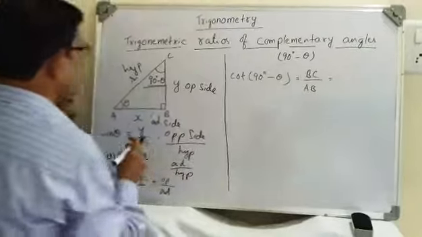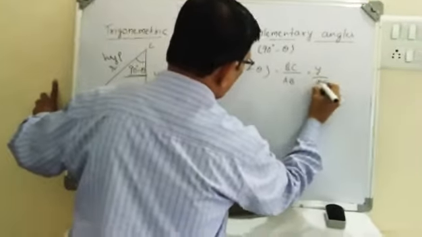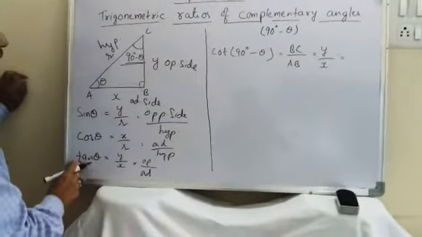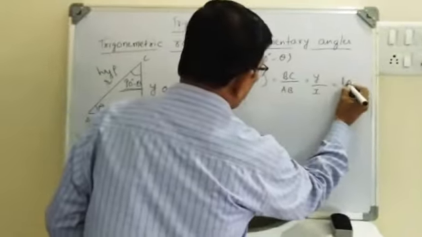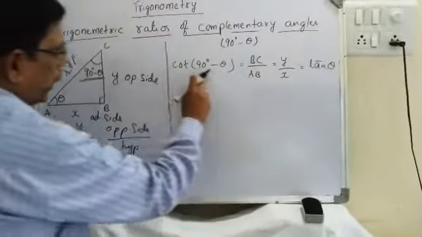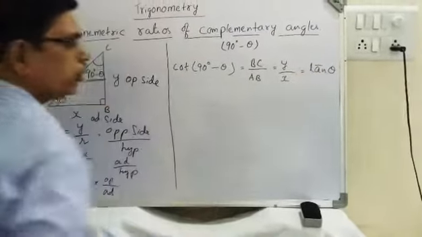So BC we took as y and this is x, y by x. So y by x is tan theta. So cot 90 minus theta is always equal to tan theta.